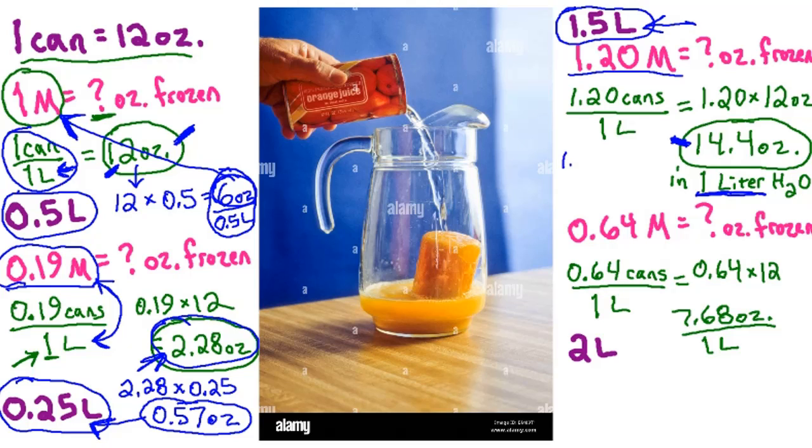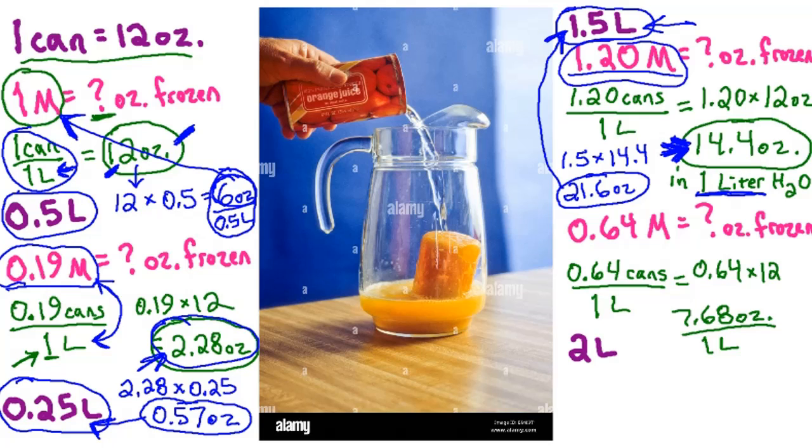So we're going to take that 1.5 and multiply it by the 14.4 ounces that we would use in 1 liter of orange juice. So 1.5 times 14.4 ounces is 21.6 ounces. So we're going to use 21.6 ounces of frozen orange juice concentrate if we're making 1.5 liters of it at a molarity of 1.20.